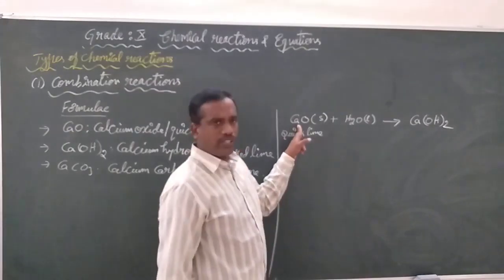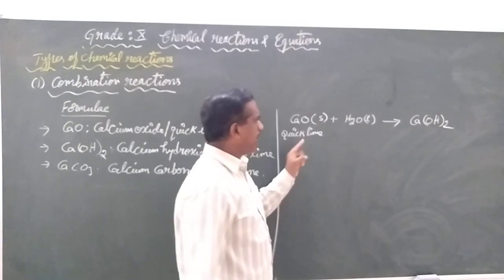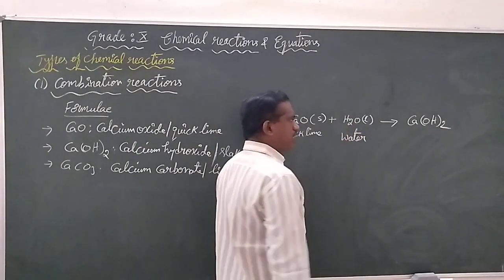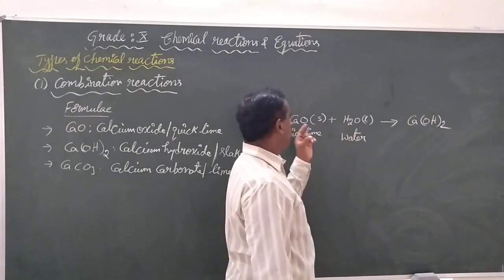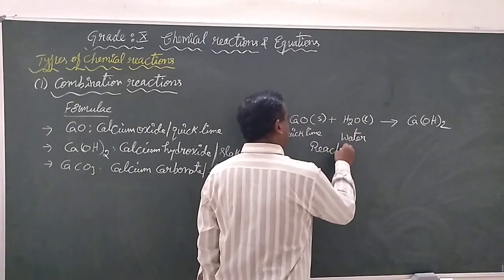We have one calcium and one oxygen in the quicklime, and in the water there are two hydrogens and one oxygen. These both are called reactants.